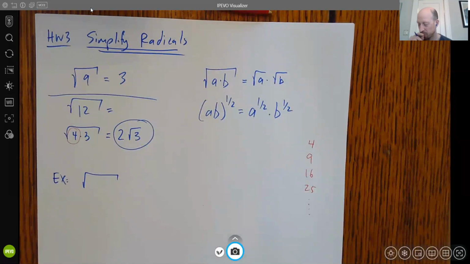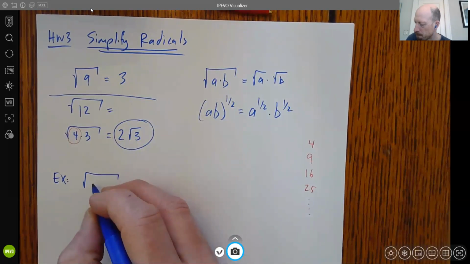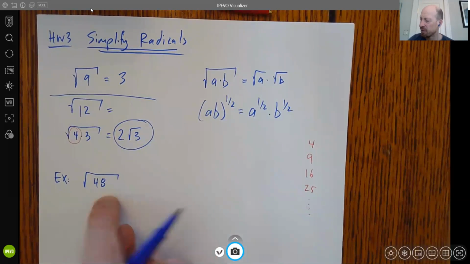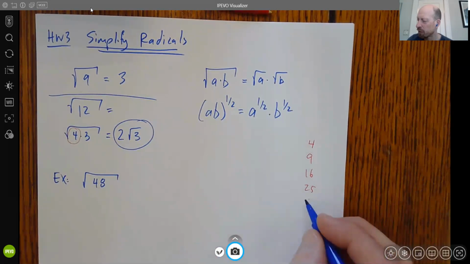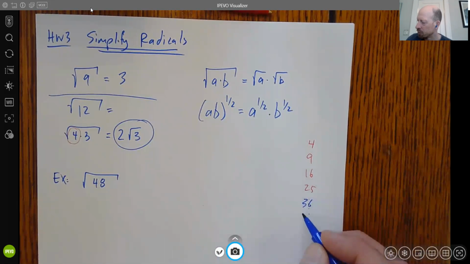Let's look at the square root of 48. So what I do when I see a number like this is I say, well, that's not one of my perfect squares, right? It's just a little bit off.